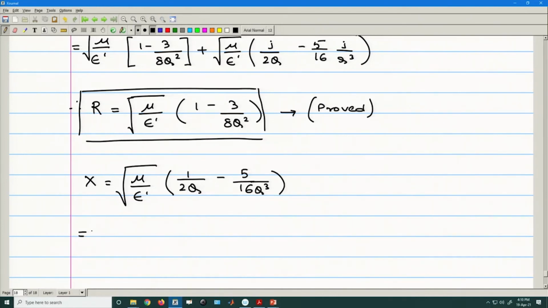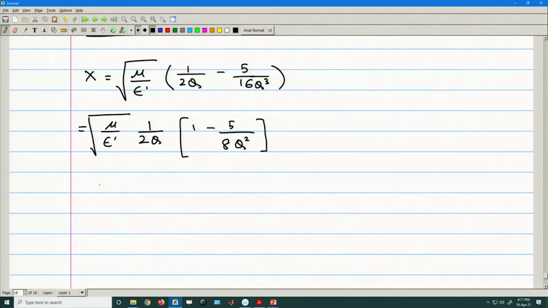Okay, so now just simplifying a little bit more will yield root under of mu by epsilon prime. So here 1 by 2q comes out of the bracket, and 1 minus, we are left, 1 by 2q got out, so we will be left with 5 by 8q square. Fine, that gives us mu upon epsilon prime.